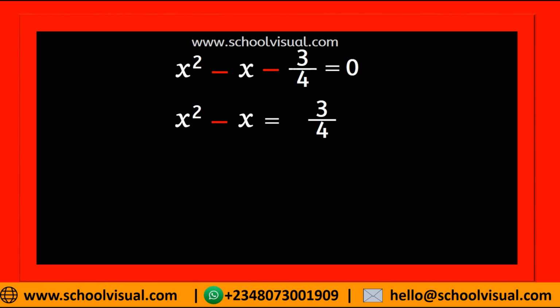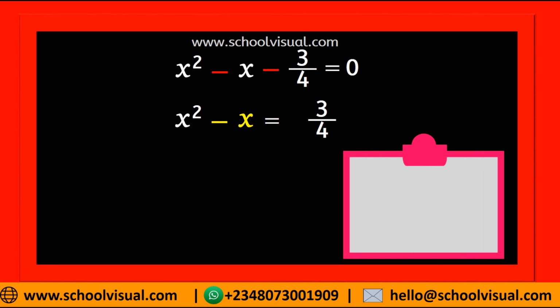The next step is to take the coefficient of x, we divide it by 2, and then we square it. So what is the coefficient of x? The coefficient of x is -1. Where did I get the 1 from?